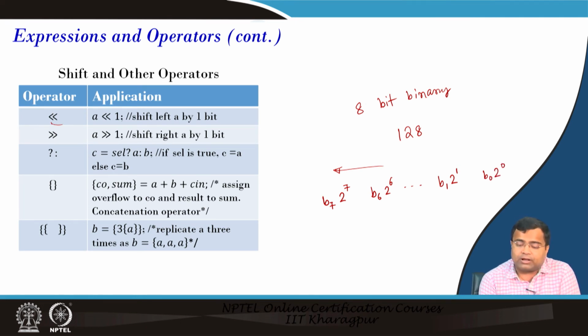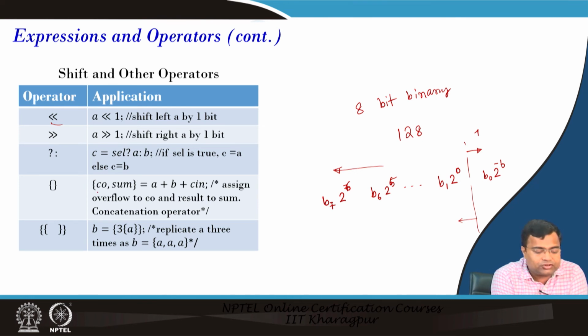Now if you do a right shift operation, you are shifting by 1 bit towards the right, so the powers become 6, 5, and so on, and the number will be divided by 2. Similarly, if you do a left shift operation, you are multiplying. That is how you can do shifting operations.